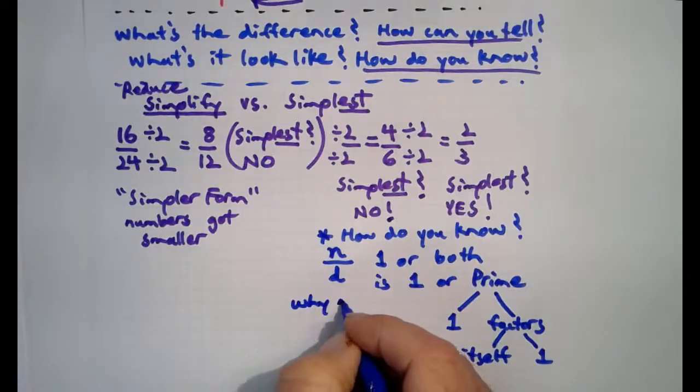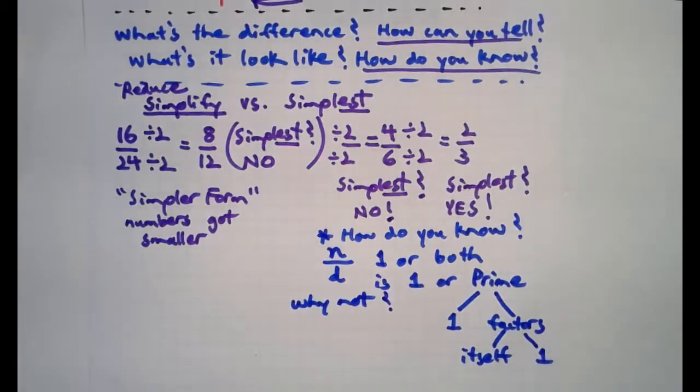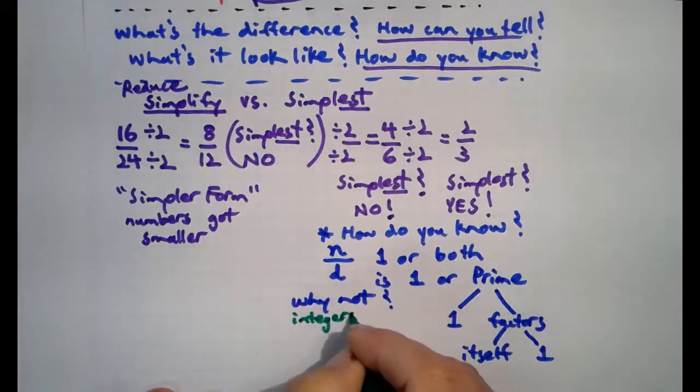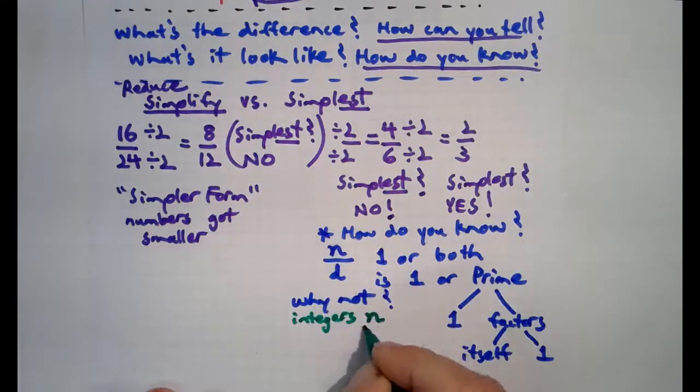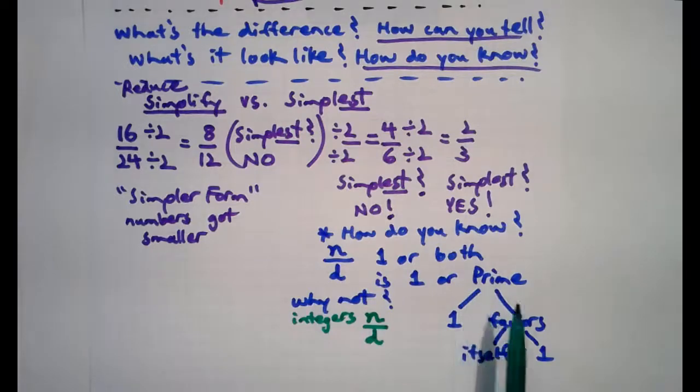Why can't we just keep dividing it and get decimals and stuff like that? Well, because we want integers in the numerator and the denominator, okay? So we can tell by looking if it's in simplest form, if it's got a 1 or a prime in either the numerator or the denominator or both.